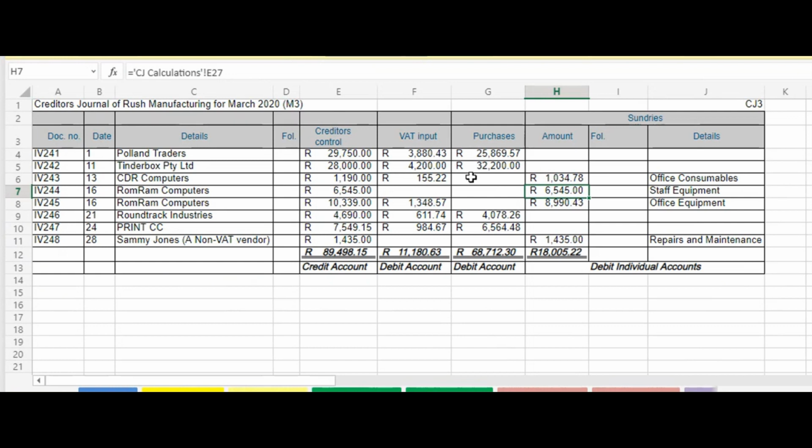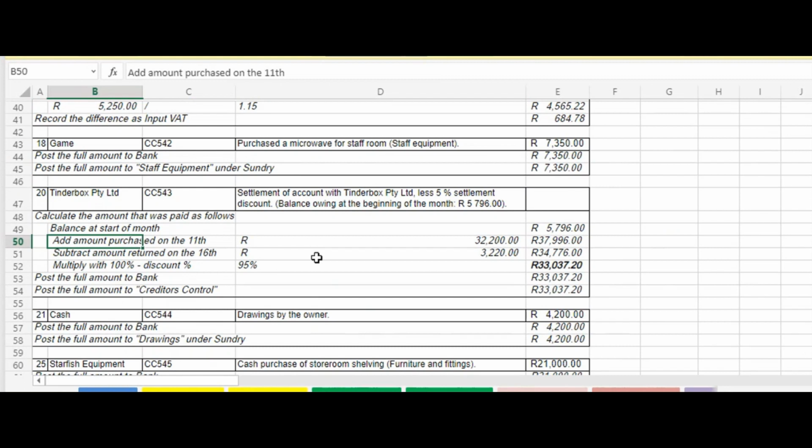Sorry, something is wrong with this entry. I'll have to go and check this quickly. Am I in the right one? Okay, so we made the purchase from Tinderbox here. So now we can use this information to do our calculation.